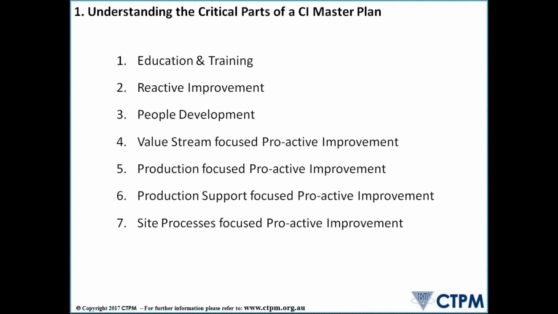So there's some things that you do across the site rather than across a value stream or across a production area. So that's why we sometimes have that heading in there. And the last one is leadership activities, having leadership team meetings and the different forms of leadership we need within the organisation. So they're sort of the critical parts we've found that make up a master plan.